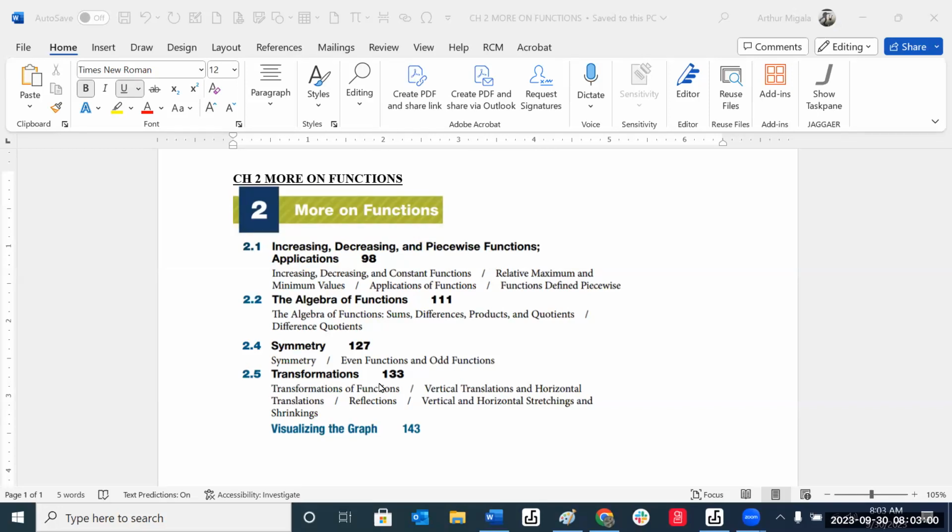This is day 6. Chapter 2. Section 2. Algebra of functions and the difference quotient.